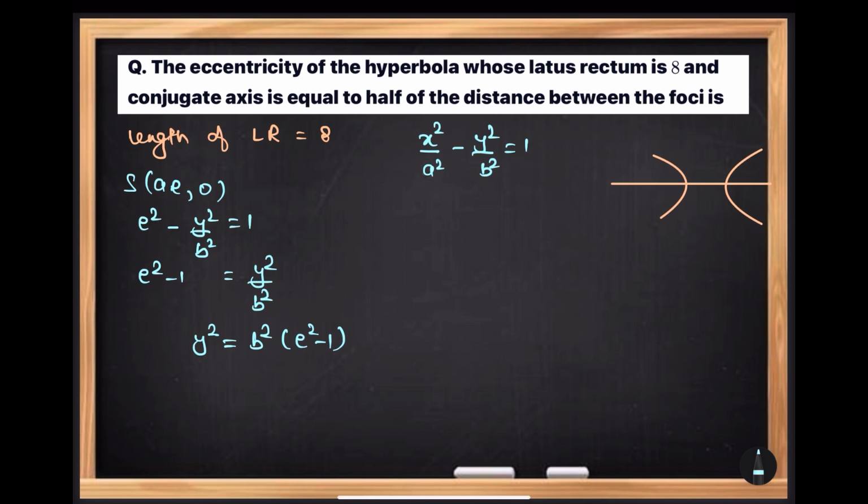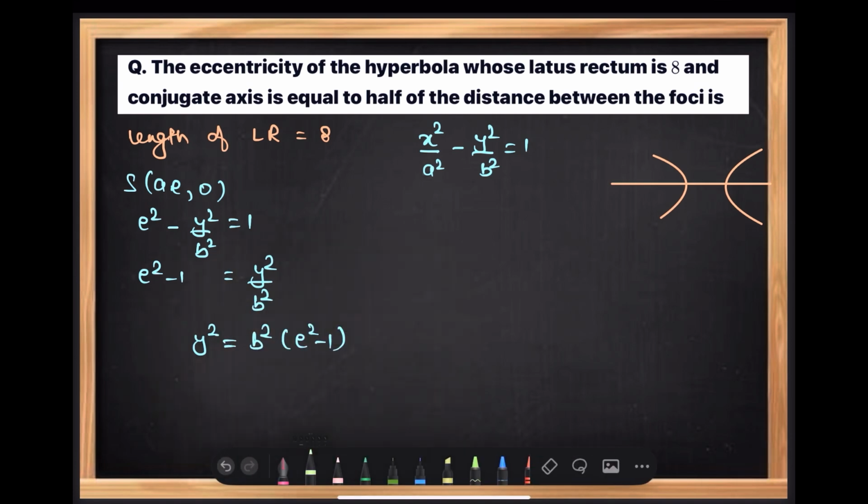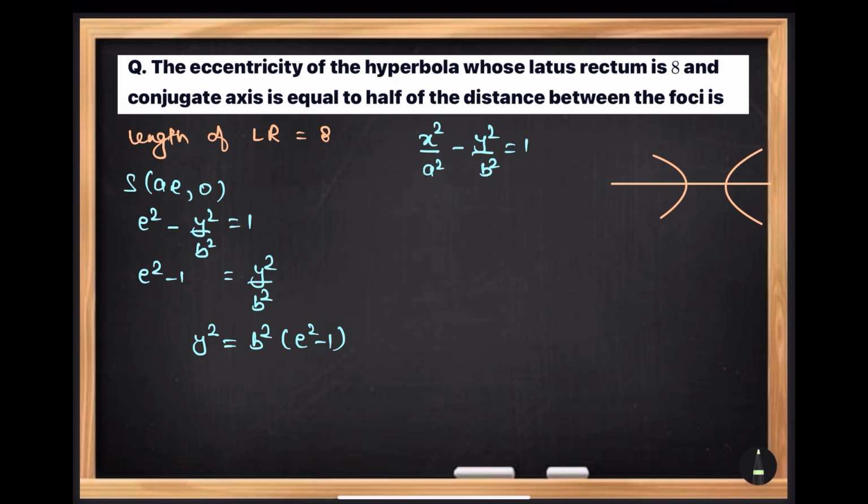Okay, still we are not comfortable, so what we'll do, we will take help of the relationship between a, b and e. You know that it is a horizontal hyperbola, so we will take help of the horizontal ellipse. In a horizontal ellipse, a is bigger, so a square will stay inside, b square will stay outside. Also you know that this relationship is valid for an ellipse, not a hyperbola.